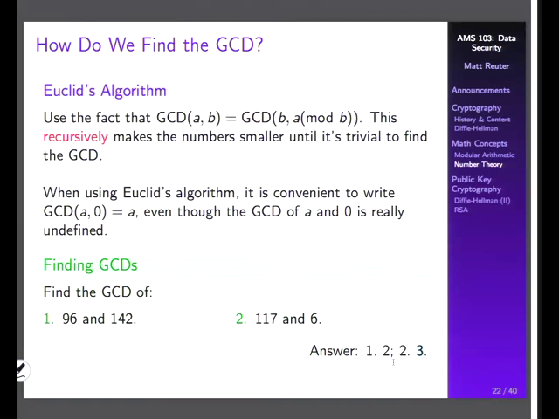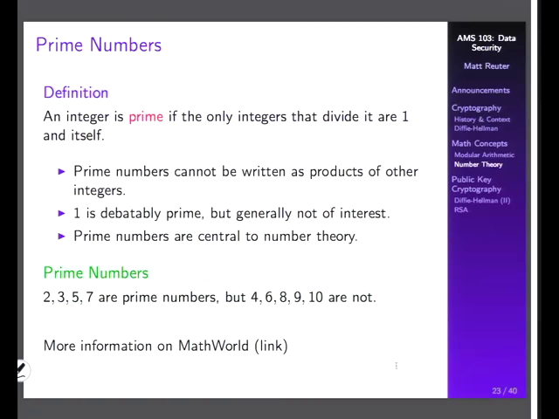Question? If you plug in 2 prime numbers, will you end up with 1? Yes. And what a wonderful segue, because the next thing we need to talk about are prime numbers. Okay. So an integer is prime if the only integers that divide it are 1 and itself. For instance, is 2 a prime number?